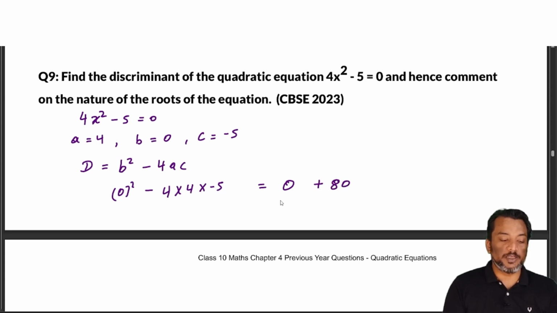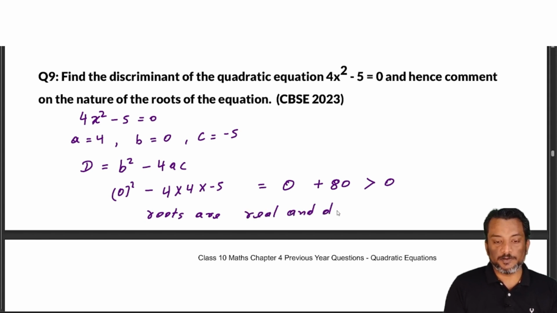Okay, so here you can see you are getting 80, which is greater than 0. So which means both the roots, here you can say your value is greater than 0, so you can say the roots are real and distinct.